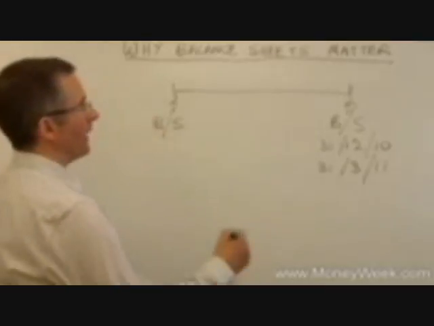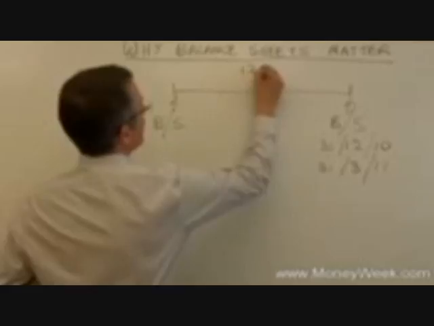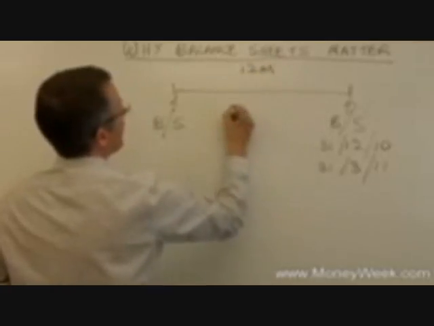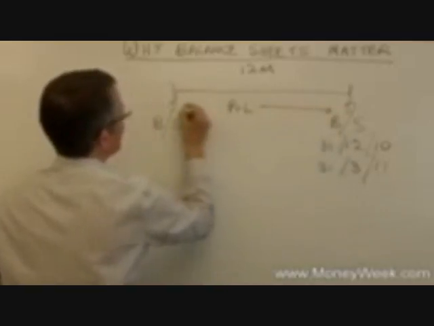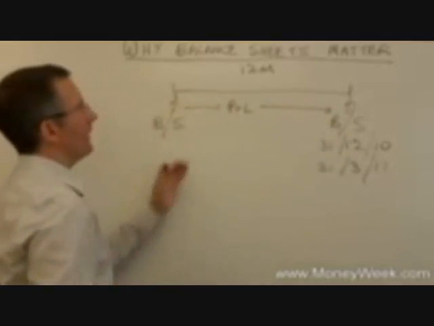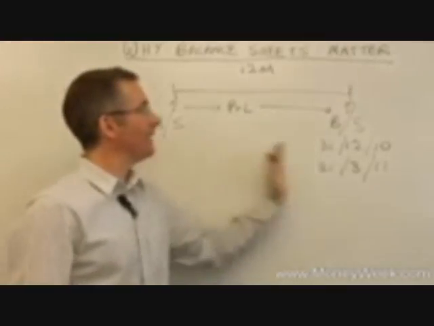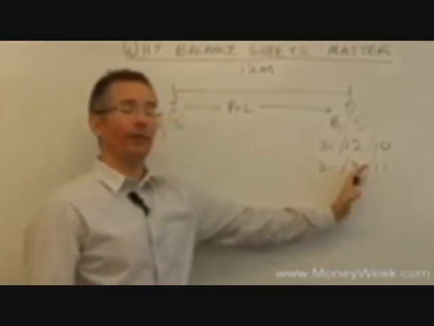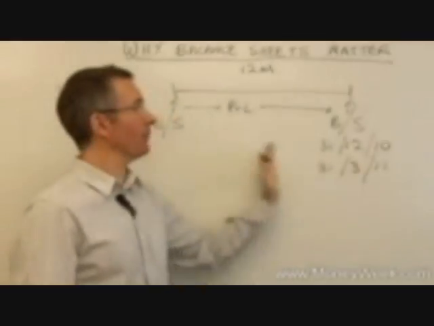Now, just worth noting that although we're going to focus on balance sheets, if this is a 12-month period, a profit and loss account is more of a story. It tells the tale of how the business got from here to there. And hopefully the answer is by making profits. In other words, the business grew.